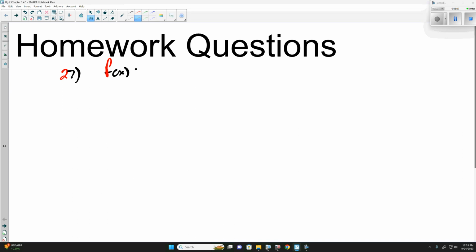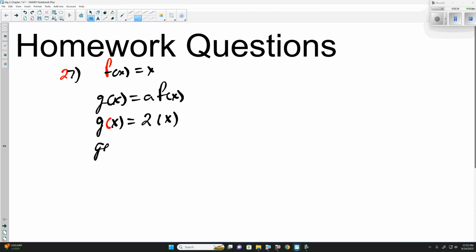27, the original function is f of x equals x. Now the first one is a vertical stretch by a factor of 2. And our value of a is? And f of x is just x.